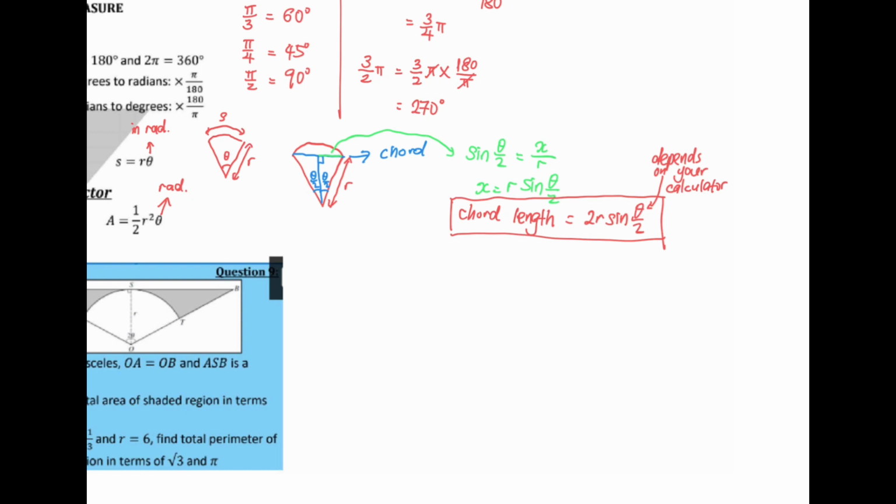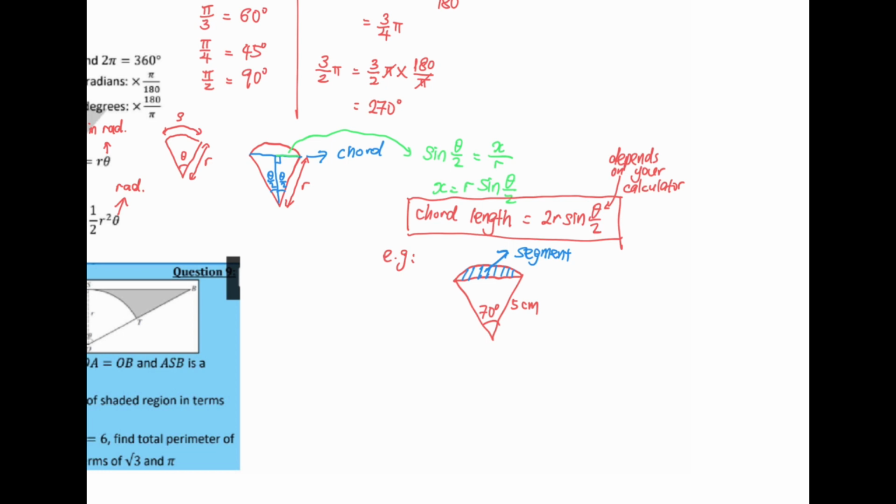Okay. So let's say one example. If you have something like this, you have here 5 cm, you have here 70 degree. So you are going to find, okay, I shade this region. This region is called segment. It is arc length and chord length that join up to form segment.